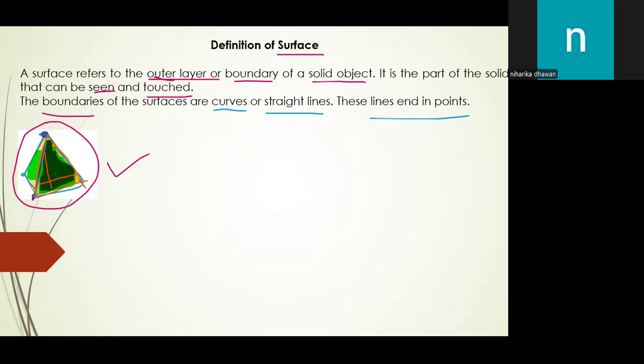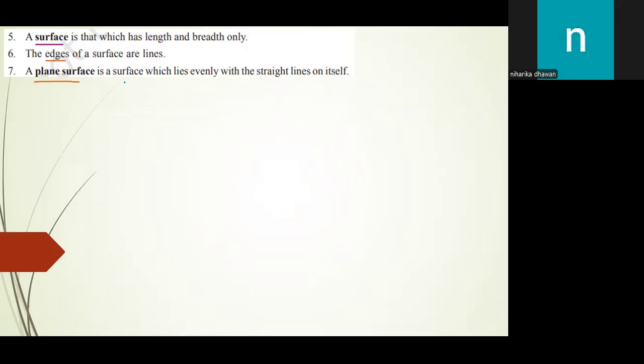How does it have straight lines? As we can see, here we have so many straight lines. We can draw a straight line on any surface like this. So we can draw so many straight lines on a surface. So a plane surface is a surface which lies evenly. Evenly means a surface has no breaks in between with the straight lines on itself.